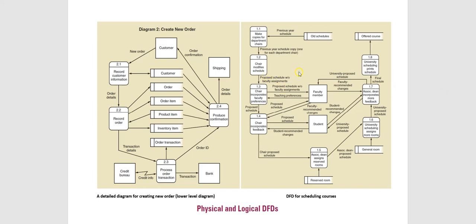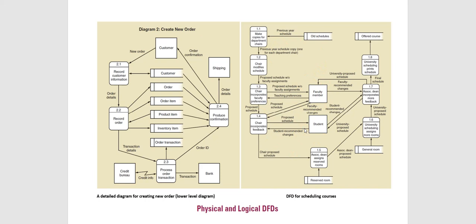So this is called the logical model. The left hand side is called the logical model and the right hand side model is called the physical model, right? Very inexperienced business analysts often develop data flow diagrams like this, in physical models.